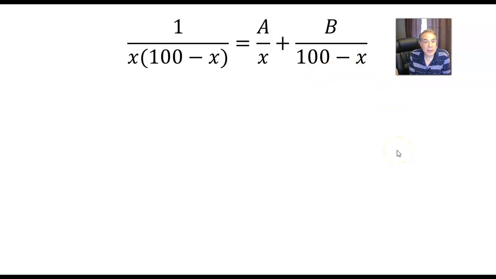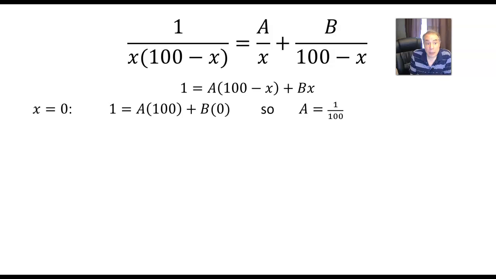Multiply both sides by the common denominator, x times (100 minus x), and we get that 1 equals a times (100 minus x) plus b times x. And this is supposed to be true in general for any particular number x. So if we plug in 0 for x, we get that 1 equals a times 100 plus b times 0.